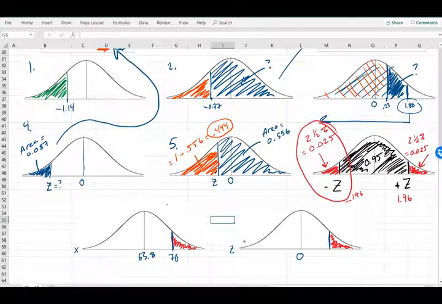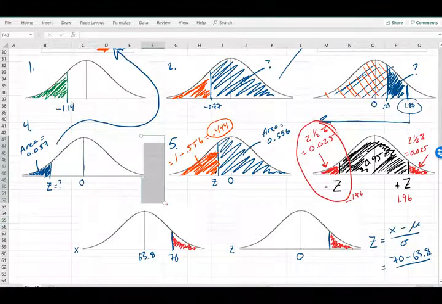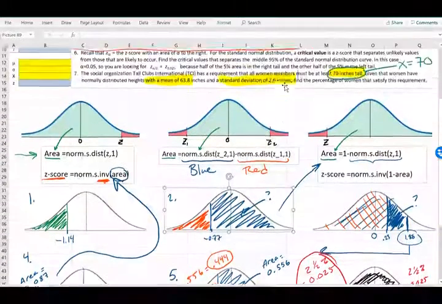So the first thing is we'll have to convert 70 into a z-score. Now remember, our formula for z-score: z is equal to x minus the mean divided by the standard deviation, which in this case would be 70 minus 63.8, and divide that by the standard deviation, which I believe is 2.6.